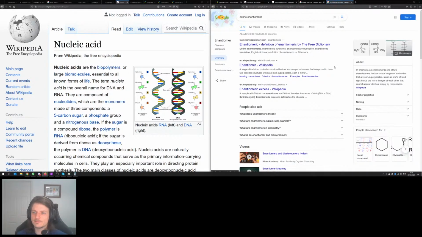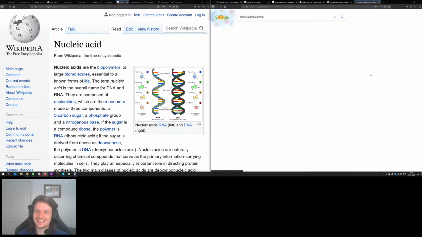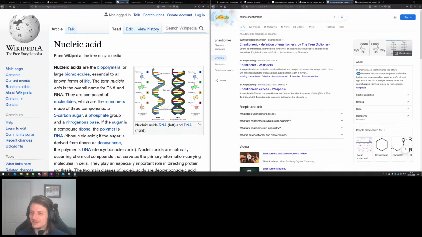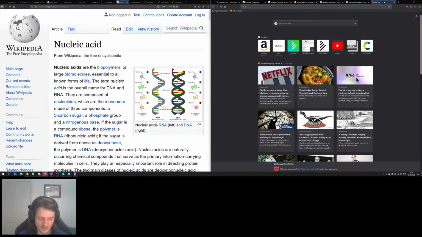Okay. In chemistry, an enantiomer is one of two stereoisomers. Two isomers. I can't remember what mer means now.